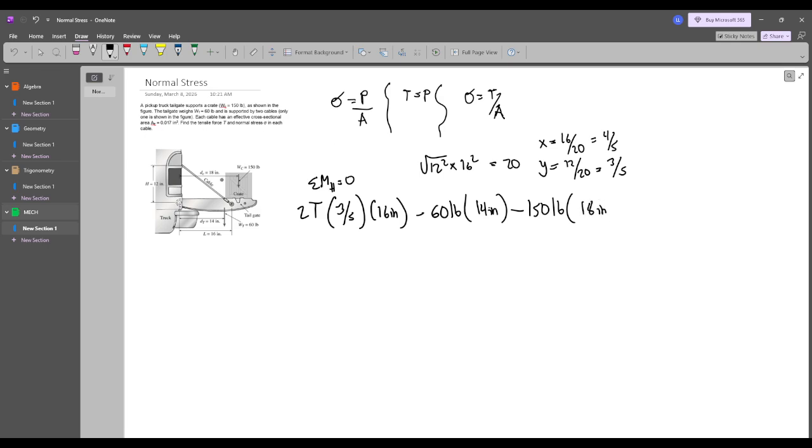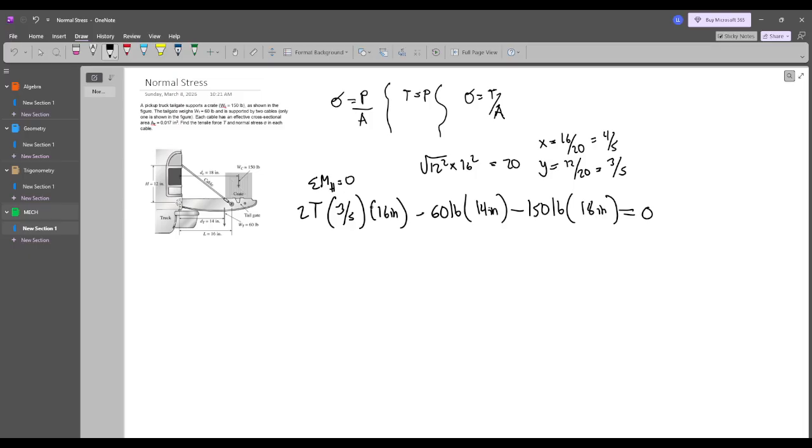I thought that was the diameter of the cable, but if you look closely, you'll notice there are arrows pointing in between, meaning this is actually the distance of the crate from the hinge. I thought it was the diameter at first, but that wouldn't make any sense because the problem already gave us the cross-sectional area, so there's no need for a diameter.